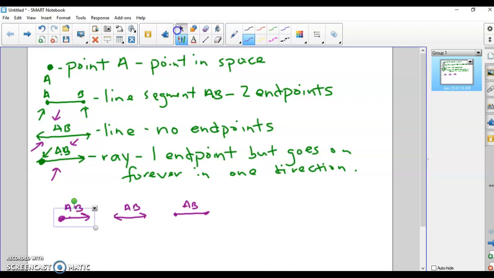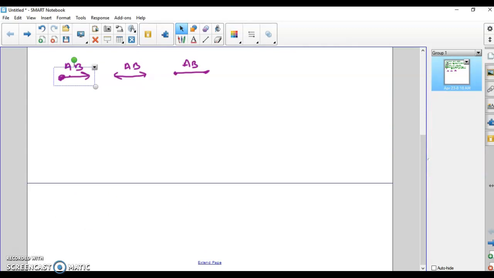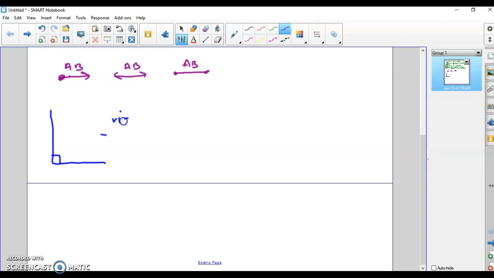Okay, I'm going to move on down here now because we have a couple more vocabulary terms to go over. And we're basically going to be using rays because now we're going to be creating our angles. So yesterday we learned and practiced with something called a right angle. Right angles form a 90-degree angle using two rays.